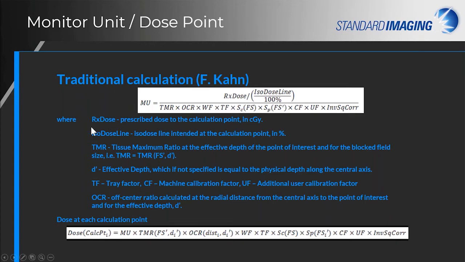It's taken from our user guide as well, where the monitor unit is calculated based on the prescription dose to the calculation point, the isodose line intended at the calculation point, the tissue maximum ratio at the effective point of interest, the off-axis correction factor, wedge correction factors, and the rest of the factors associated with this equation are then used and input into the following equation as well for the calculation of the dose at each point. So that's just a little bit about what's behind the MU module.